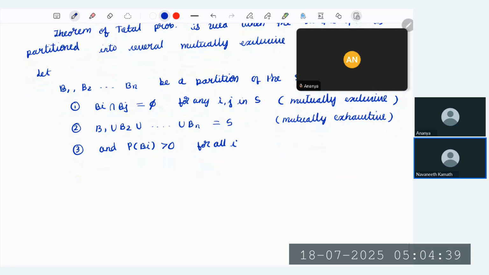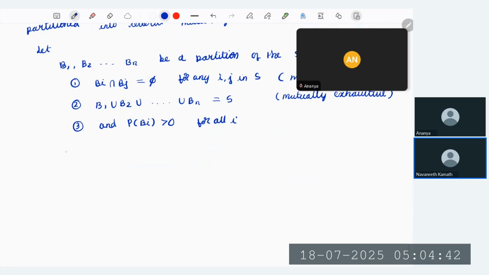Then the total probability for any event A belonging to that sample space: the probability of A will be equal to the summation from i equals 1 to n of P of Bi into the conditional probability P of A given Bi. See the problems, we'll understand better.